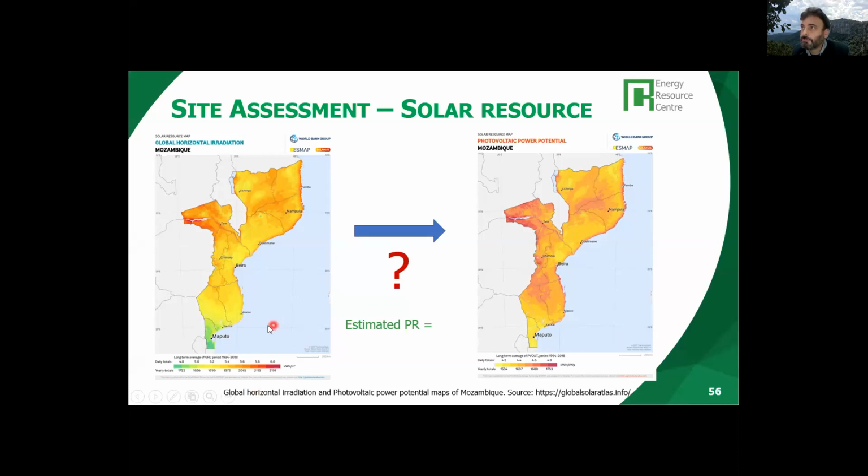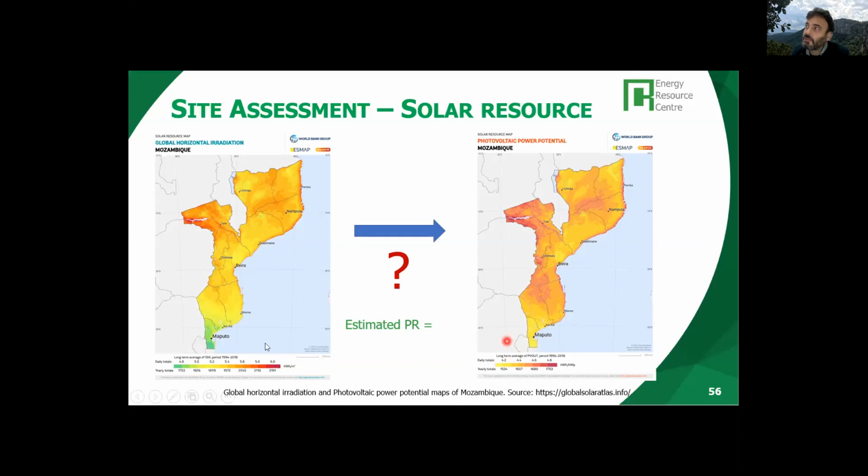Let's use Maputo as an example, okay? What is the level of irradiation we have on average per day? You can use 4.9, approximately, from the colors. And look at the productivity for Maputo. It could probably be 4.3 kilowatt hour per kilowatt peak.